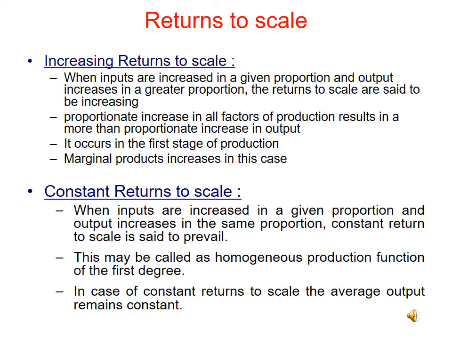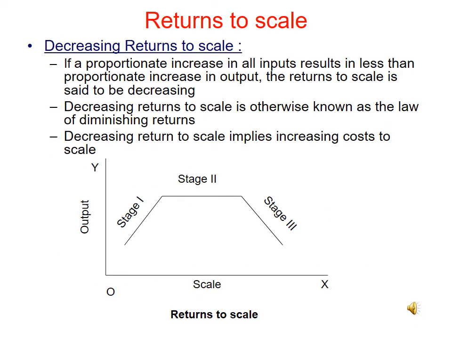And when this happens in the case of the production function, then that production function is said to be a homogeneous production function of degree 1. In the case of constant returns to scale, it is quite evident that the average output would remain constant. So now what is decreasing returns to scale?